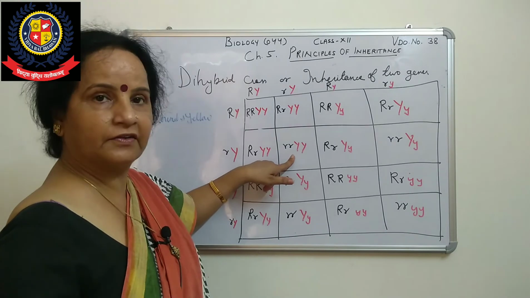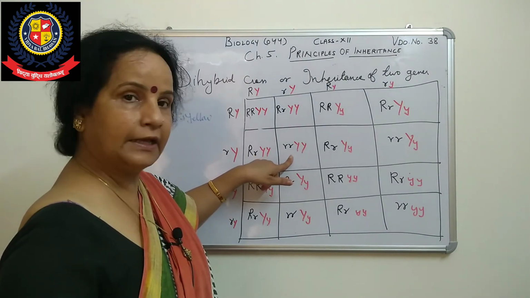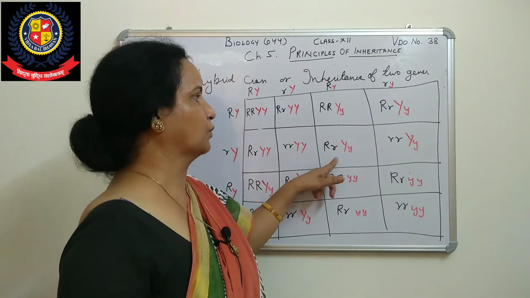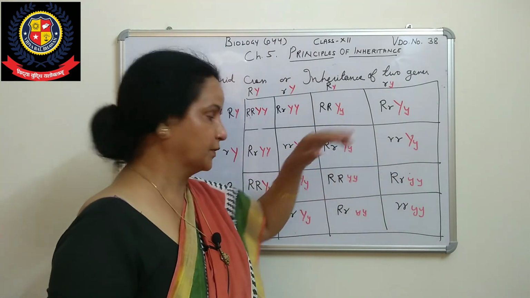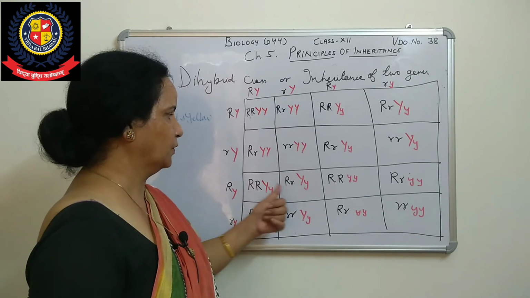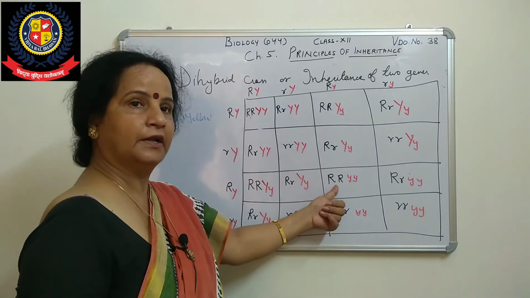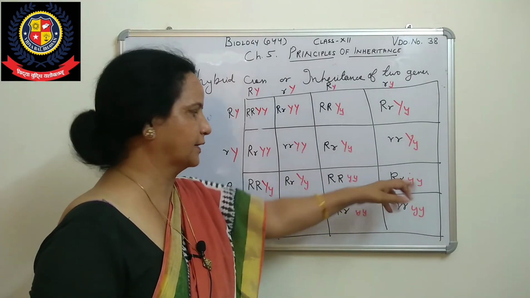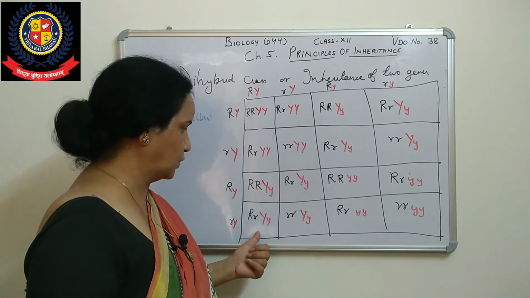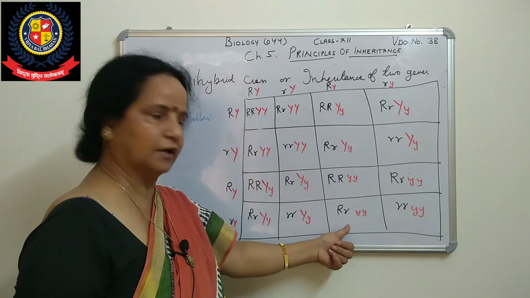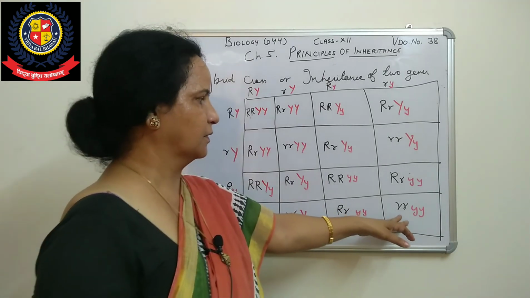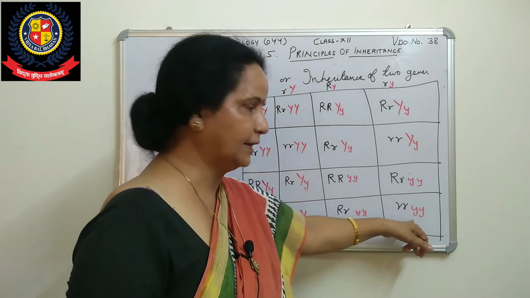Here, wrinkled and yellow. Then here round and yellow. Then here wrinkled and yellow, because capital Y is dominating. Here round and yellow, here round and green, here round and green, here round and yellow, here wrinkled and yellow, then round and green, and then here wrinkled and green.